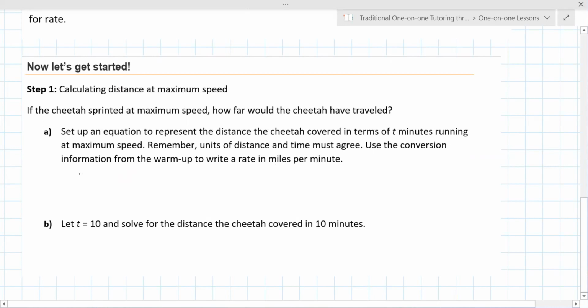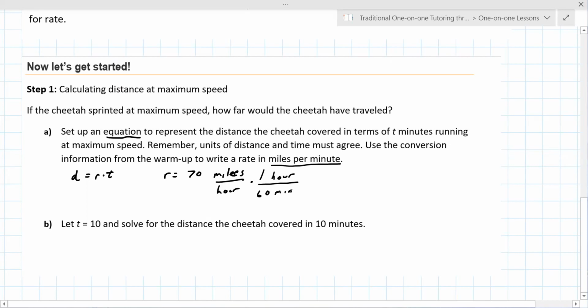Interesting. Okay, so the distance is equal to rate times time. That's given. And we know that the rate is 70 miles per hour. But we want miles per minute. So we need to convert 1 hour into 60 minutes. Do you see how I did that?